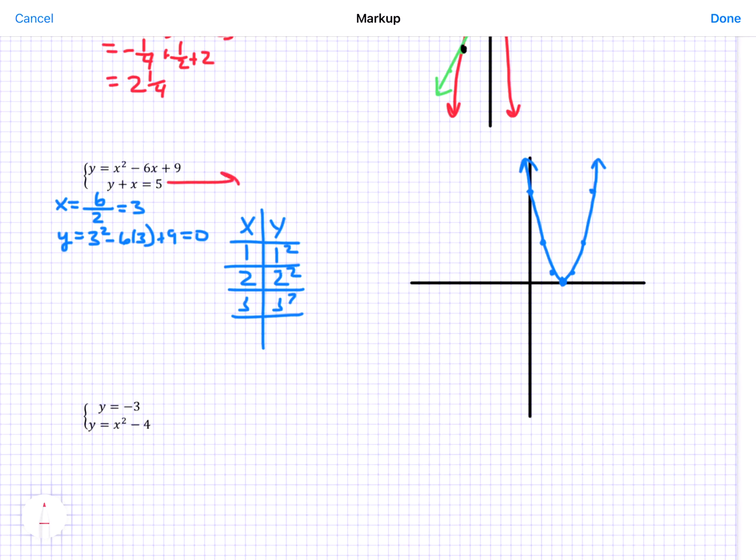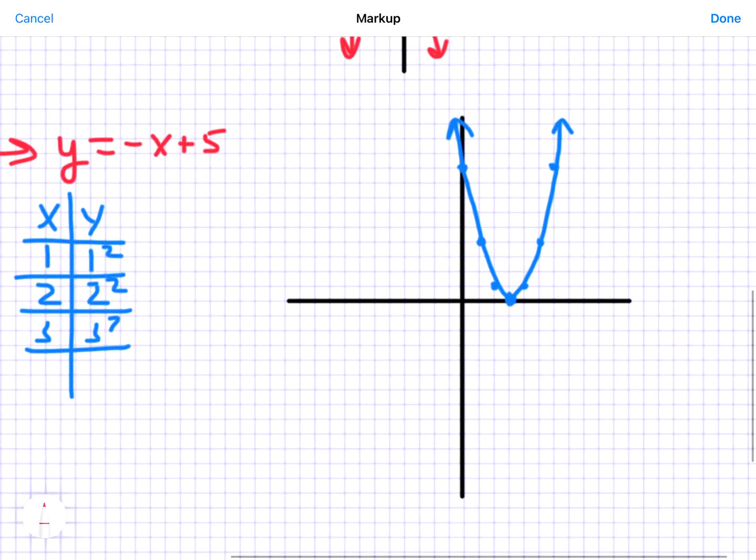And my graph for my line, so my line is actually y equals negative x plus 5. So that means my y-intercept, or my b value, is 5. My slope is negative 1. So it's going down 1 and to the right 1.